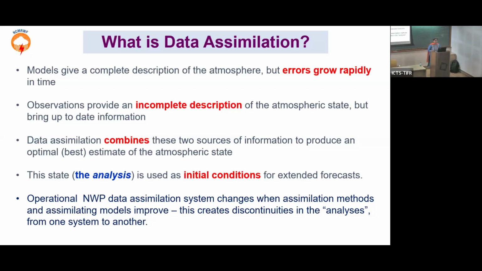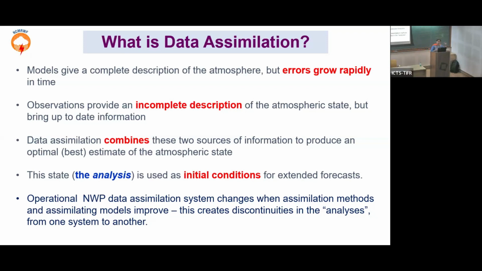If we neglect the instrument error or measurement error, then we can consider the observation as error-free, up-to-date information. But we don't have the complete description of the atmosphere from the observations alone. But we have the complete description of the atmosphere from the model alone, because at each and every grid point we have the values.